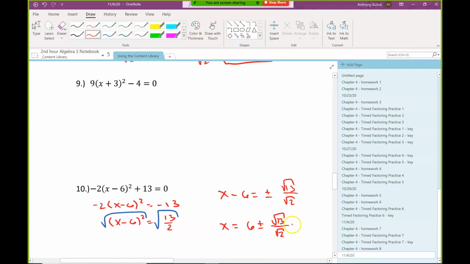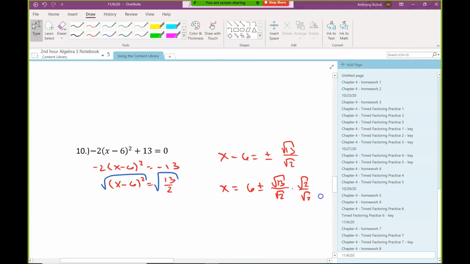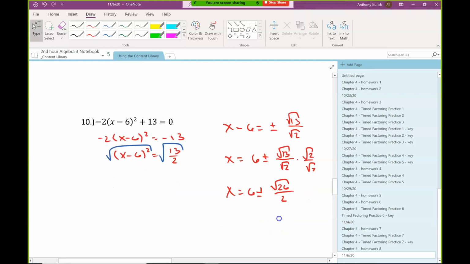Okay. And then we, again, don't like that square root in the denominator. 13 times 2 is 26. And then usually in a situation like this, we'd make a common denominator and write this as a single fraction. So 6 is the same thing as 12 over 2.